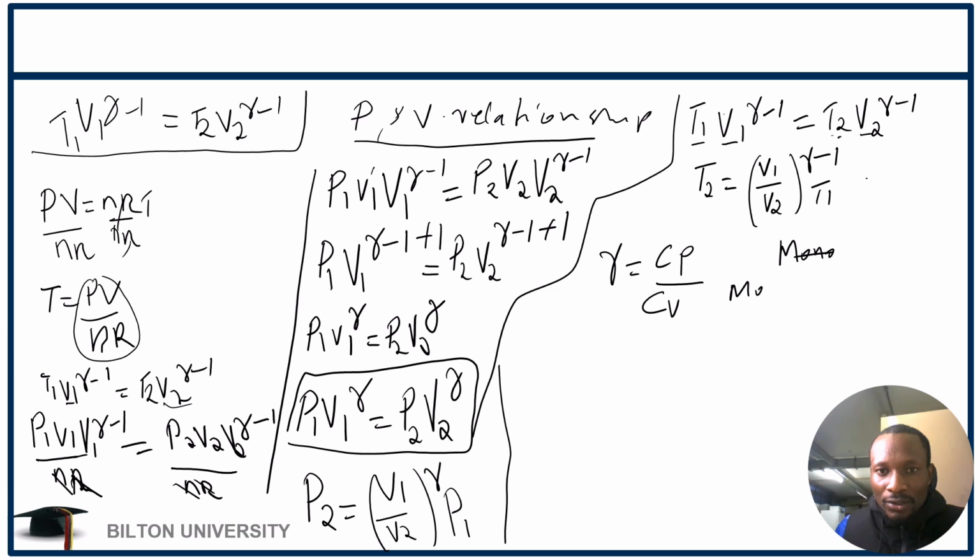I write monoatomic gas. So we have Cv and we have Cp. For monoatomic gas, especially, they have 3 translational motions.